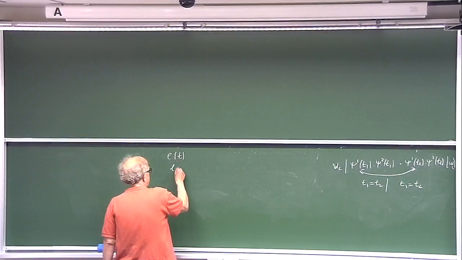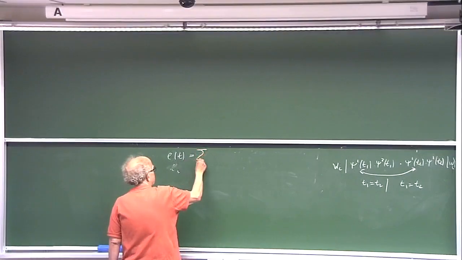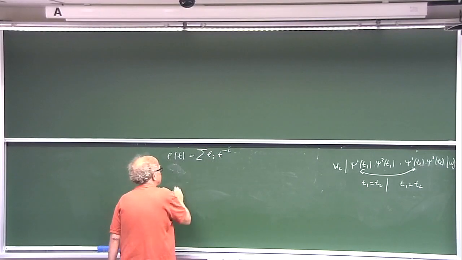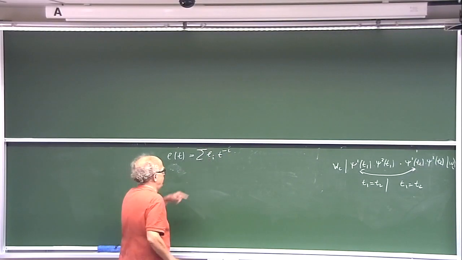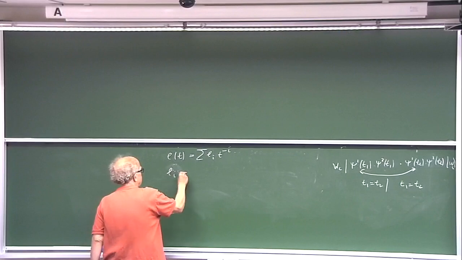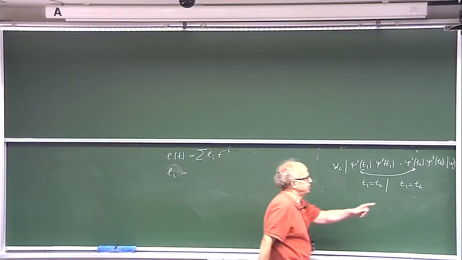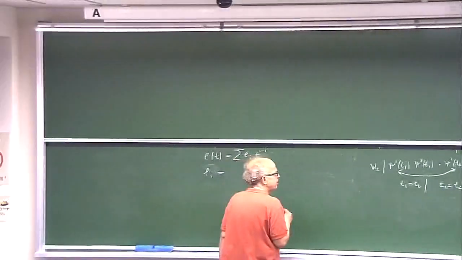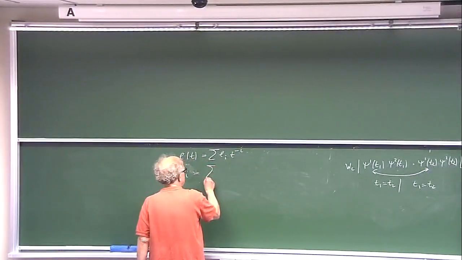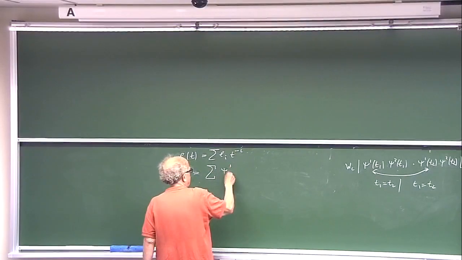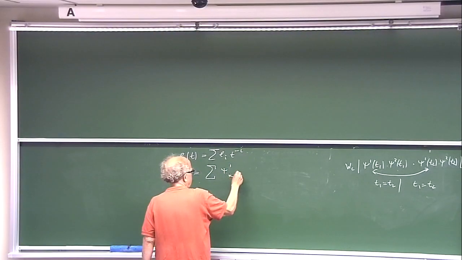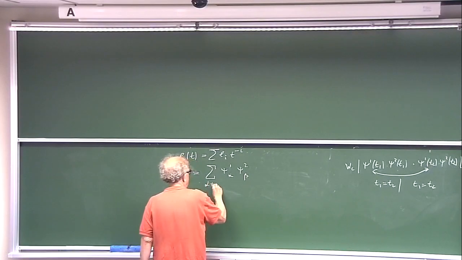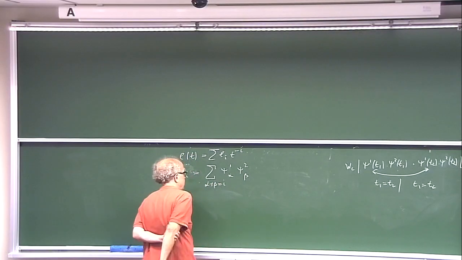Coefficient E_i, so this is the summation of E_i times t to the power minus i. And then I look at who is E_i. According to this formula, it is just the sum of psi_{i1}, maybe alpha, psi_2, maybe beta, alpha plus beta equal i.